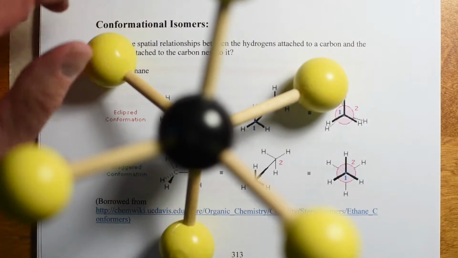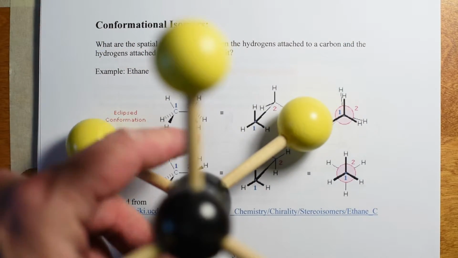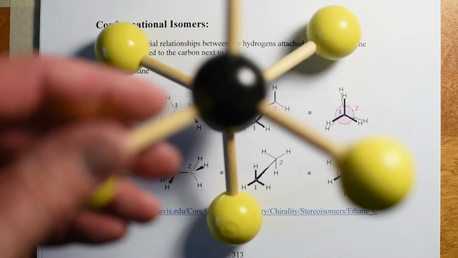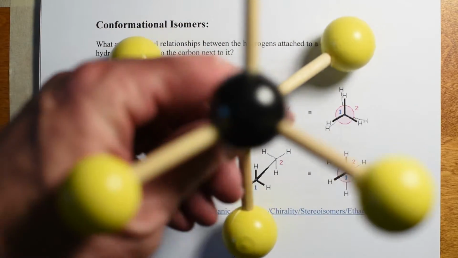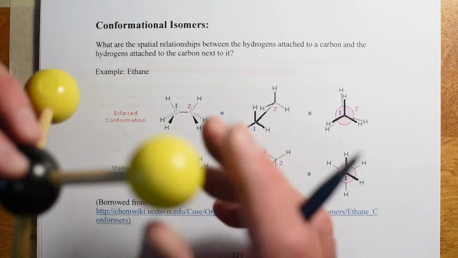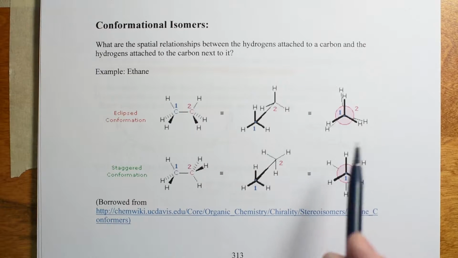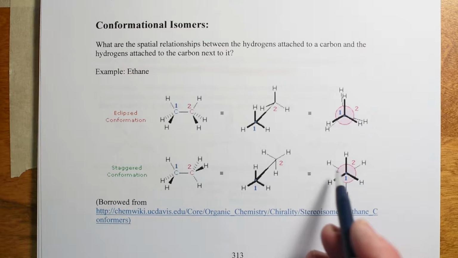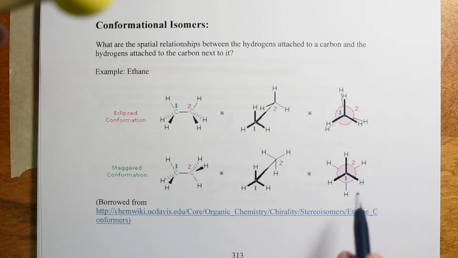If I look at this from the end, and I'm sorry, there's a little bit of focusing problems there, but if we look at the staggered position, we can see that that's almost opposite to the eclipsed. And you can see it in the Newman projection, if you imagine these hydrogens in your mind from the model.